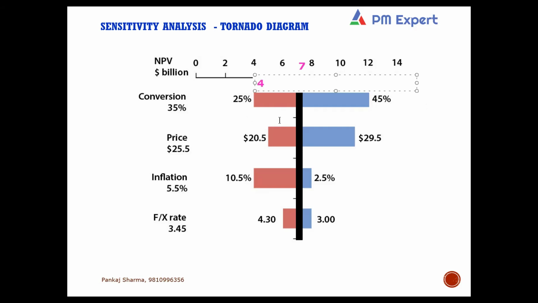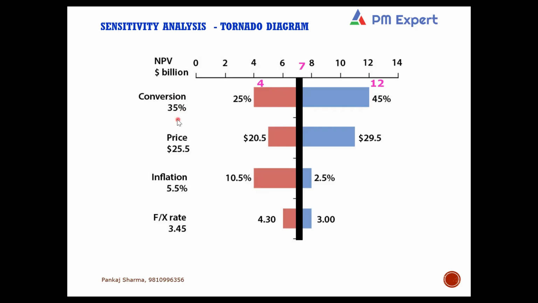So based on this, because of this risk of conversion, my profitability may vary from $4 billion to $12 billion, yes? This means I am highly vulnerable to this.